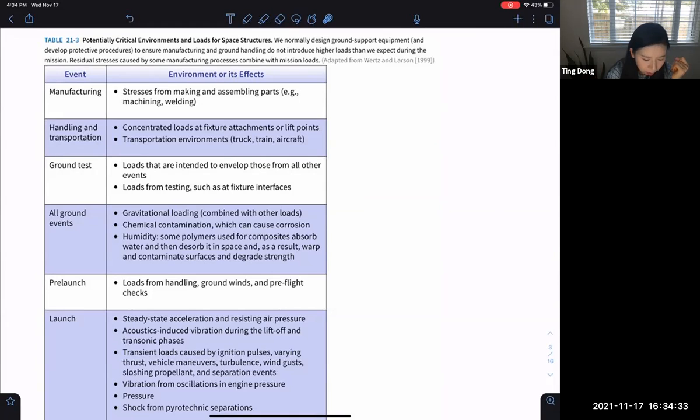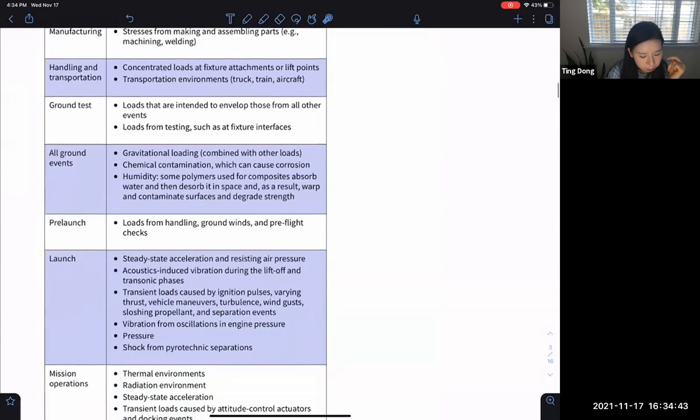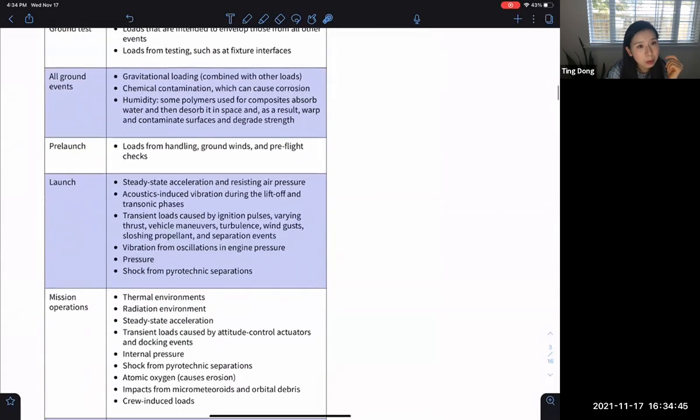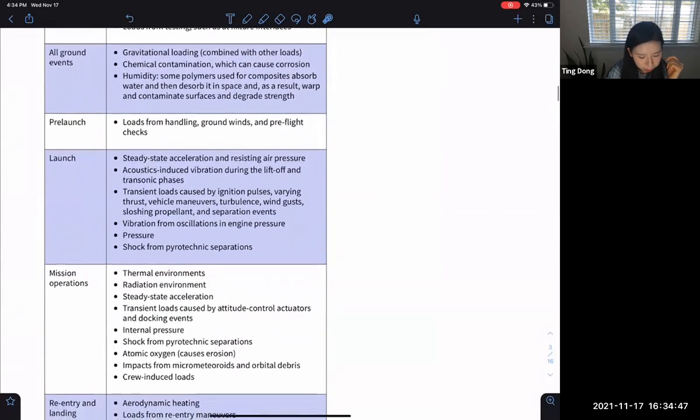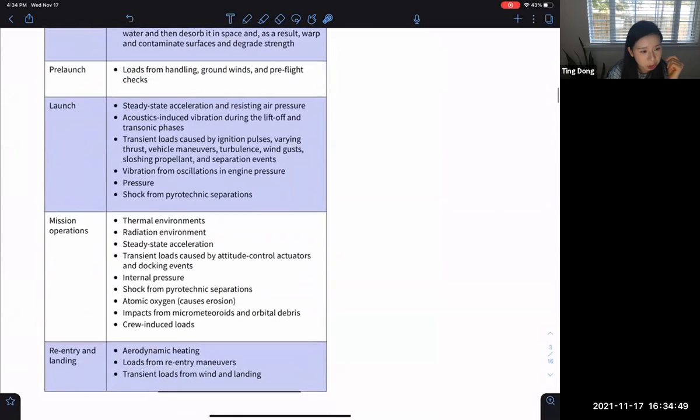In the handling and transportation of spacecraft, and also ground testing, is also very important. And the example I will talk about later considers the launch, landing, and in space the internal pressure, considering the pure internal pressure.